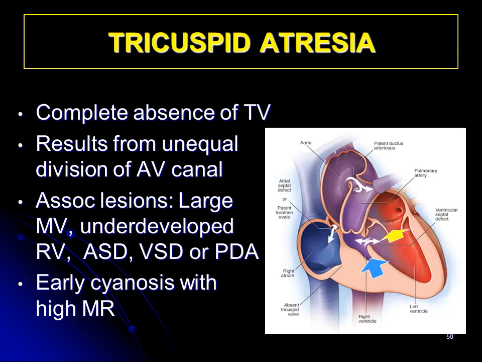Cyanosis is present from birth and there is a high early mortality. The signs and symptoms of tricuspid atresia depend on the presence and size of the ventricular septal defect and the relationship of the great arteries.